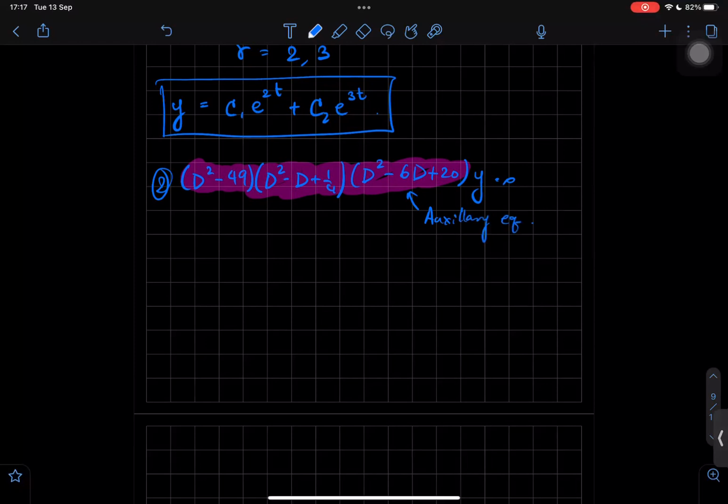So you can find for this, D squared minus 49, we get r equal to 7 and minus 7.